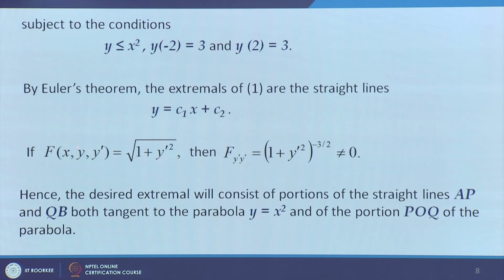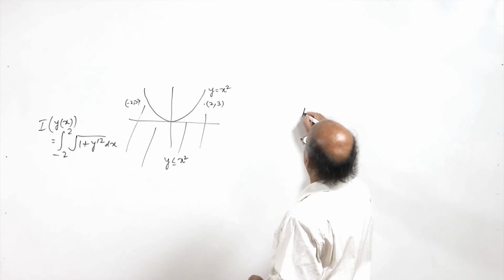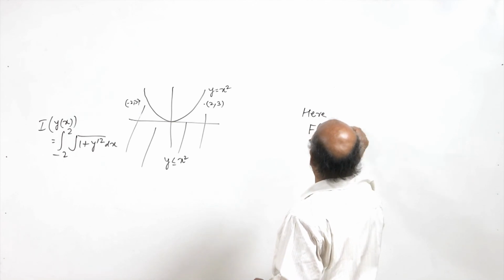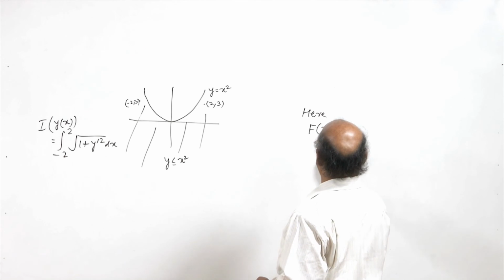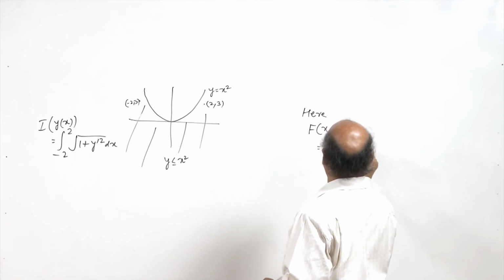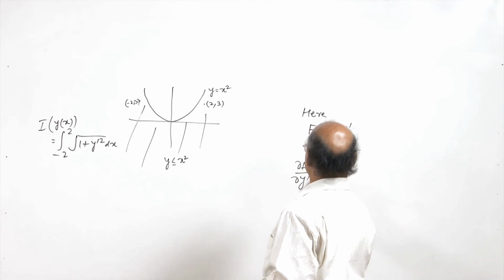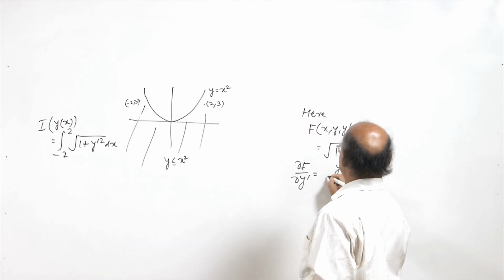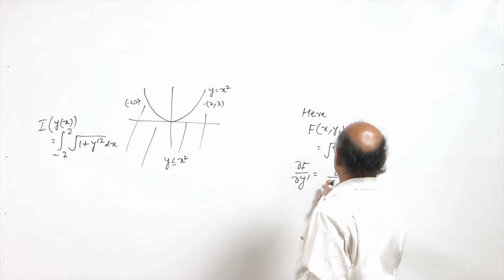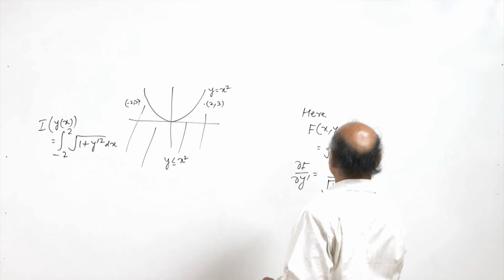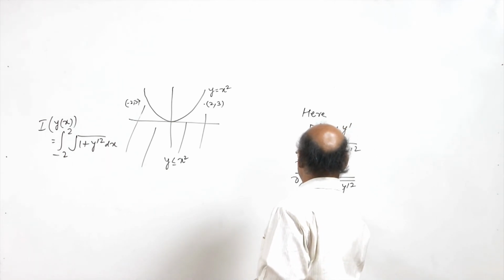Now, if f is under root 1 plus y dash square, then when we differentiate it partially with respect to y dash, we get y dash divided by under root 1 plus y dash square. Let us differentiate it again.